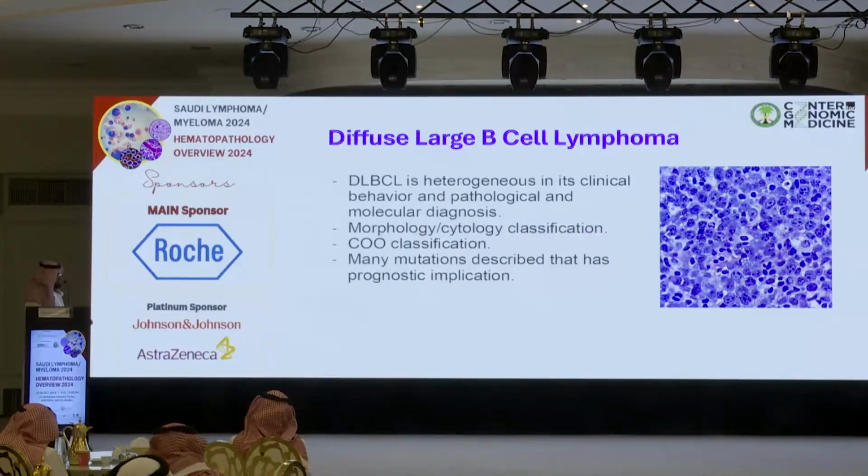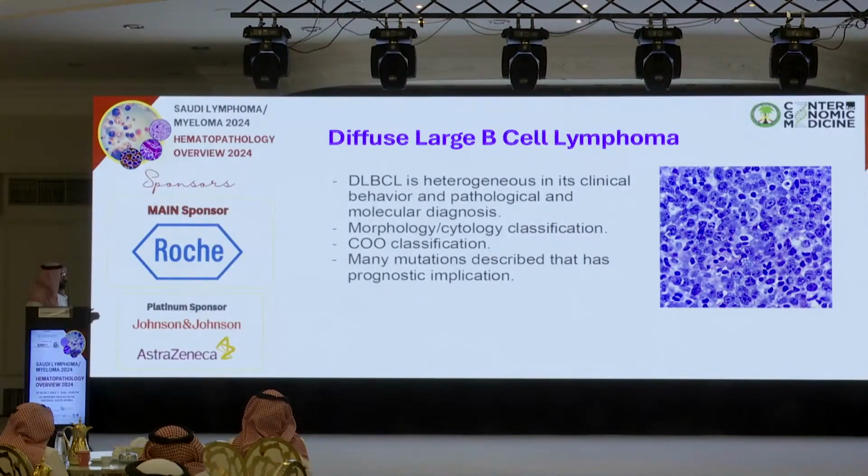We started first with the morphology, differentiating centroblastic from immunoblastic, from anaplastic, and the morphology does not always correlate with prognosis, even though some of the morphologies are worse. Then we started with the cell of origin classification, the GCB versus non-GCB, ABC subtypes. It works well with R-CHOP treatment, but still it's not the best. There are many cases unclassifiable in between.